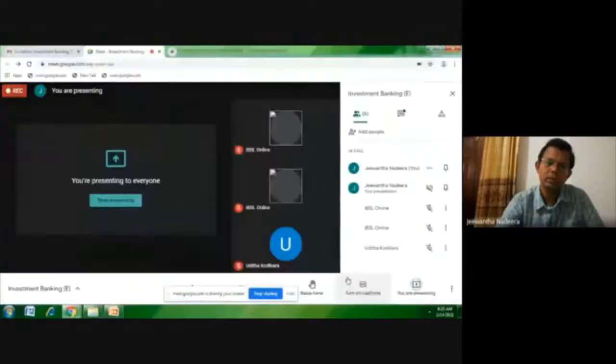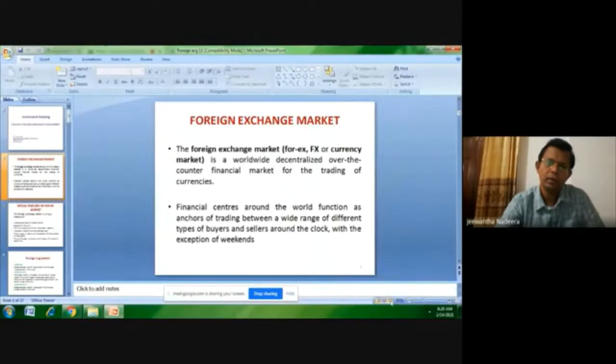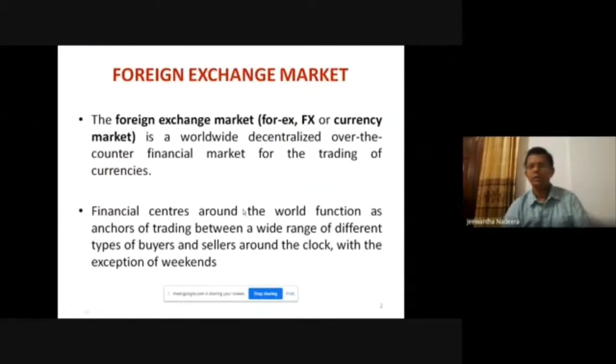If you say GBP, Euro, AUD, and New Zealand dollars, those are indirect quotes.